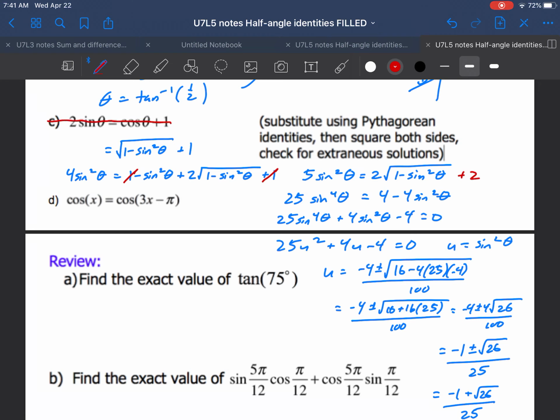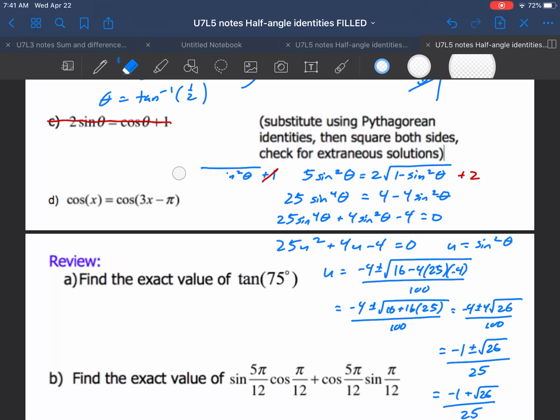Because it's more the idea of making this Pythagorean substitution, letting cosine theta be this. And I know you guys can do the algebra, but I don't want you doing it for this problem. Okay, so I'm going to erase all this and get on to the next couple examples.